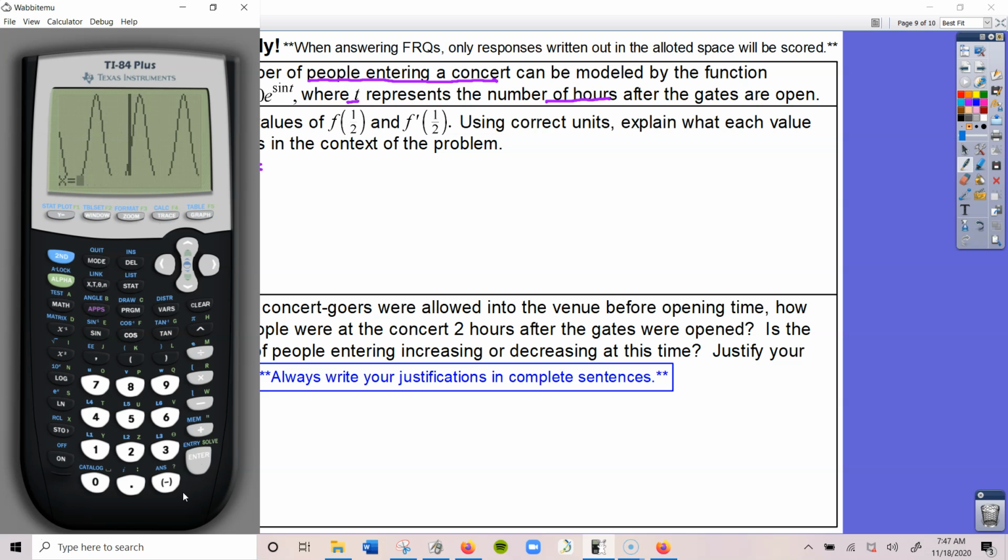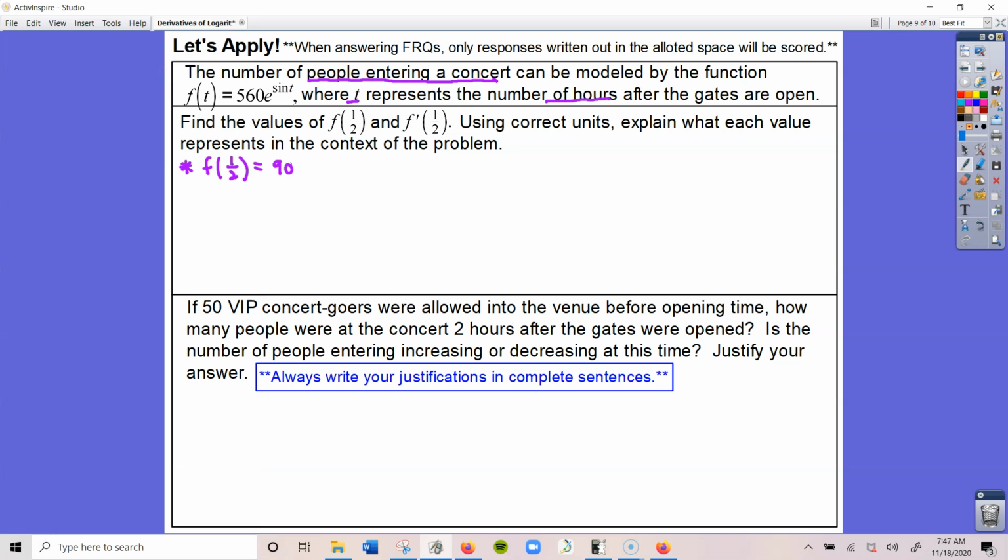Now I'm going to go to second calc, choose value, and put 1/2, so I can get my f of 1/2, which we get here is 904.4819. So I'm going to write that out, 904.4819. Now what does this mean?